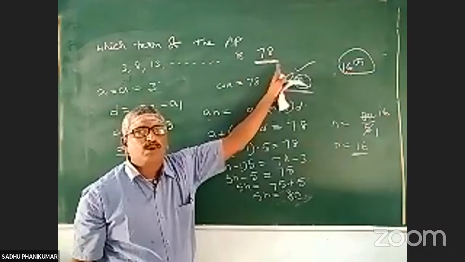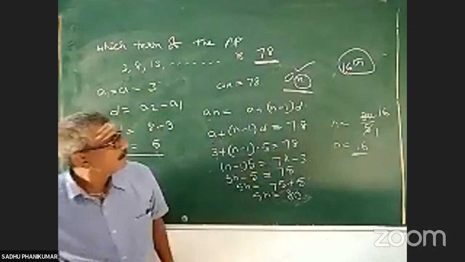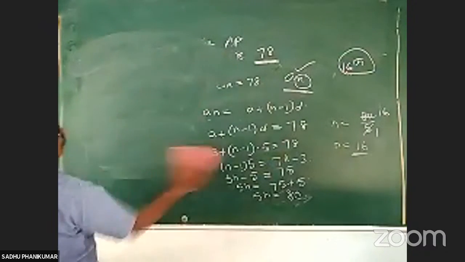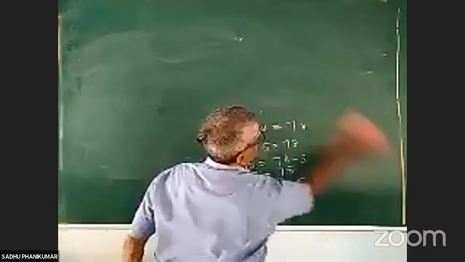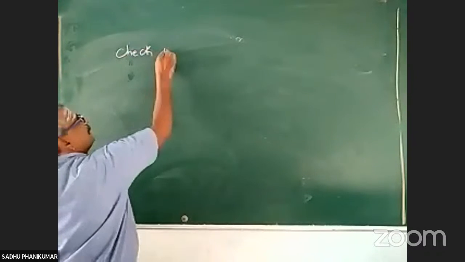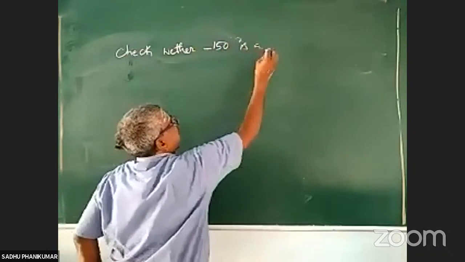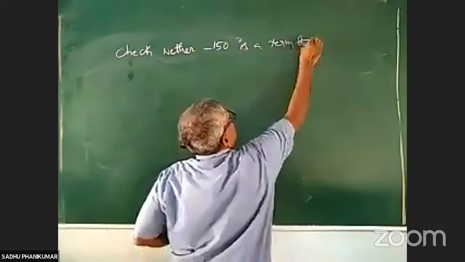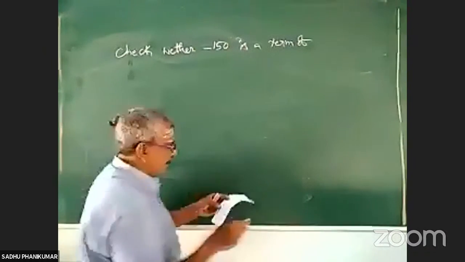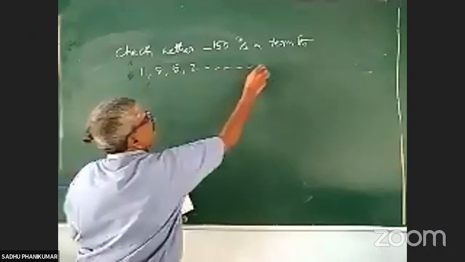Like that, we can find the problems given in the other models also. Clear? One more model is there. What's that? Check whether minus 150 is a term of 11, 8, 5, 2, and so on.